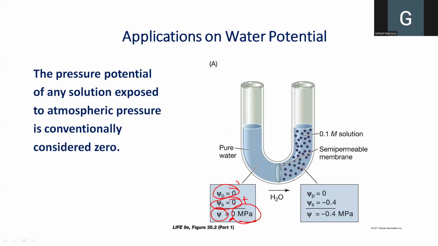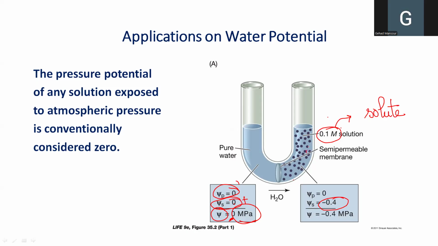On the other hand, in the other arm, we have a 0.1 molar solution and a semi-permeable membrane in between. The 0.1 molar solution has solid particles or solute particles. So its solute potential is negative, which is minus 0.4.